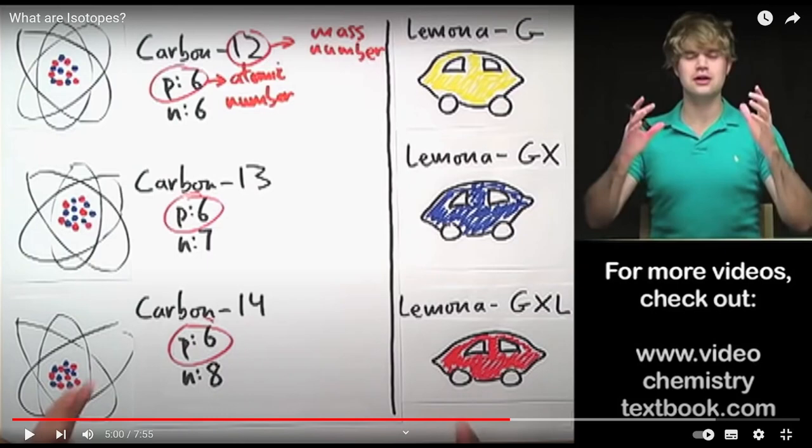Now, that's what we call it, but what does it actually stand for? What information do we get from that number? Tell your partner, what information do we get from the mass number? Aaron.